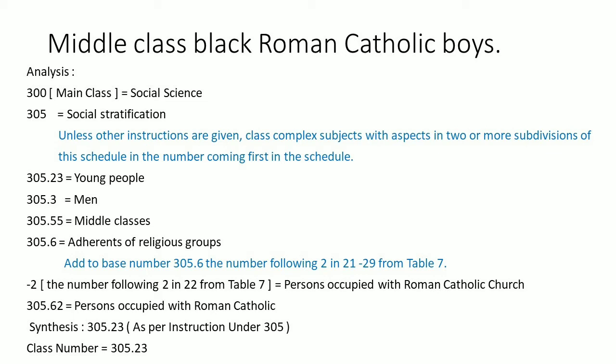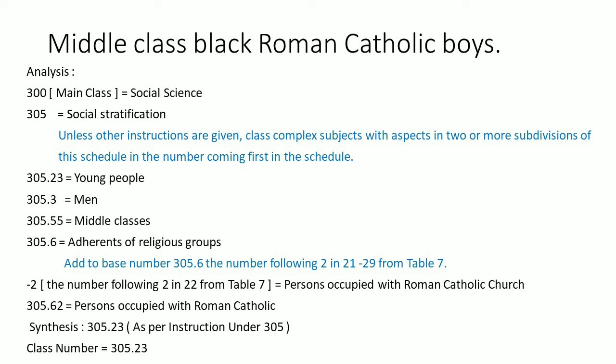For the boys I have taken two notations. 305.23 equals young people; in the schedule you will get the notation for young people. The notation is 305.223. After that I have written the notation 305.3 equals men. This notation is for men.